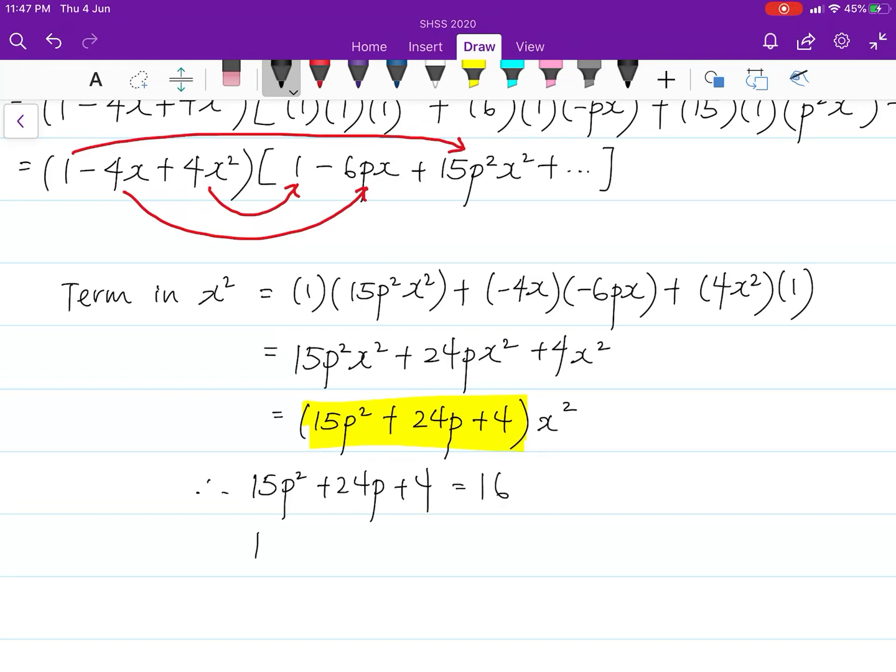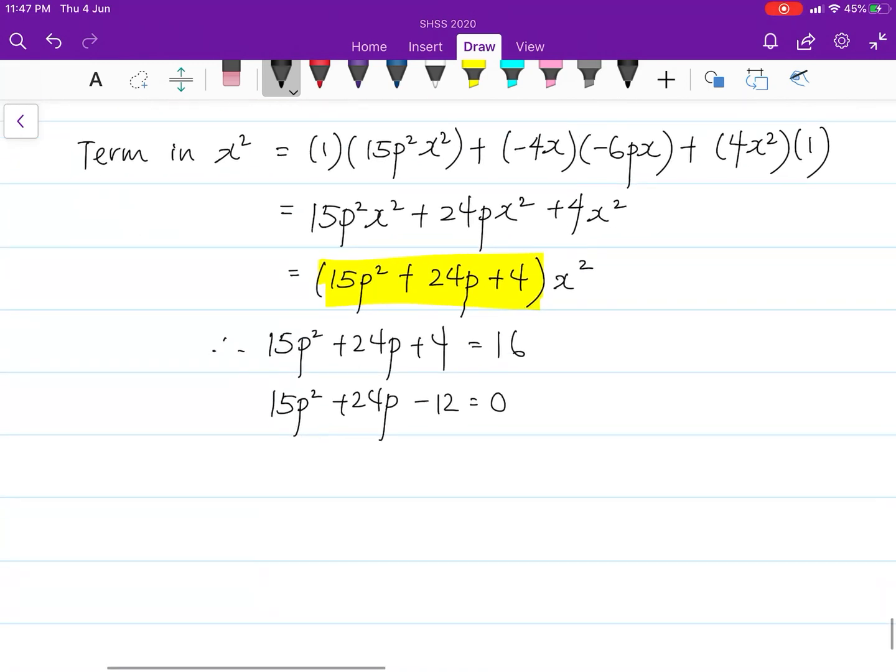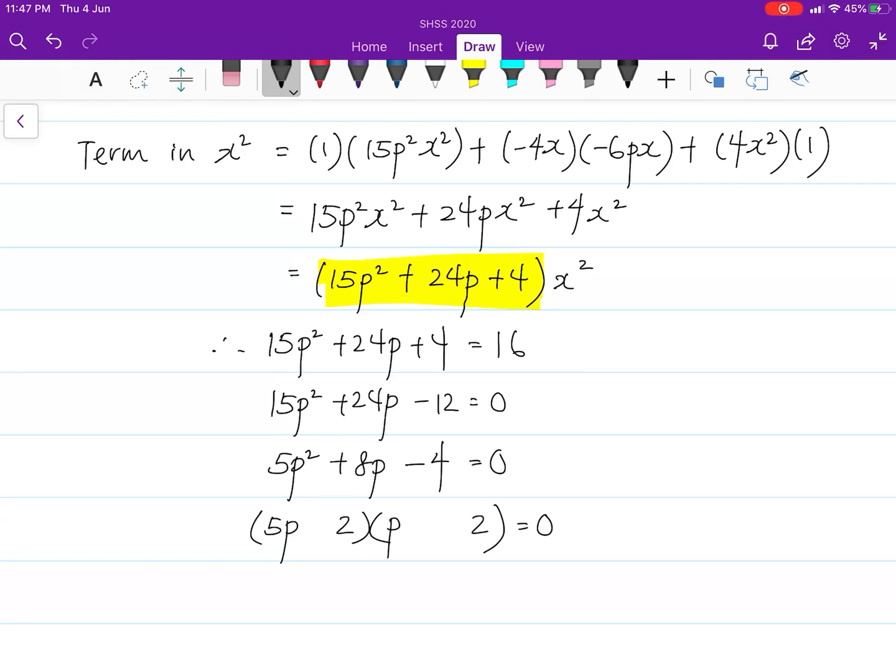Okay, shift the 16 over. You will have minus 4 minus 16 is minus 12 equals to 0. Divide by 3 throughout. And now, you try to factorize. 5p and p, I would use 2 and 2.